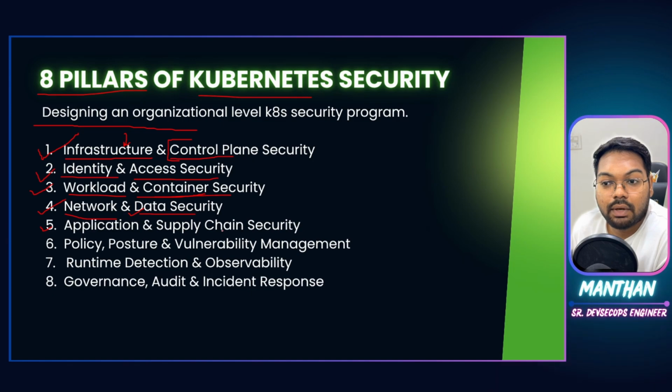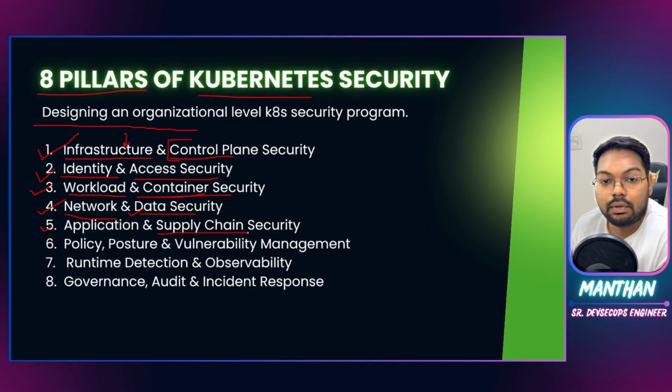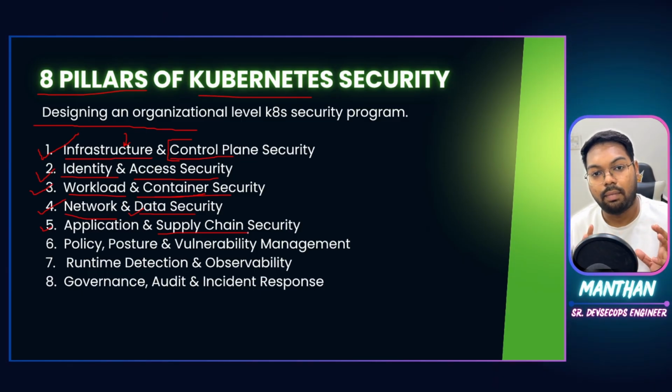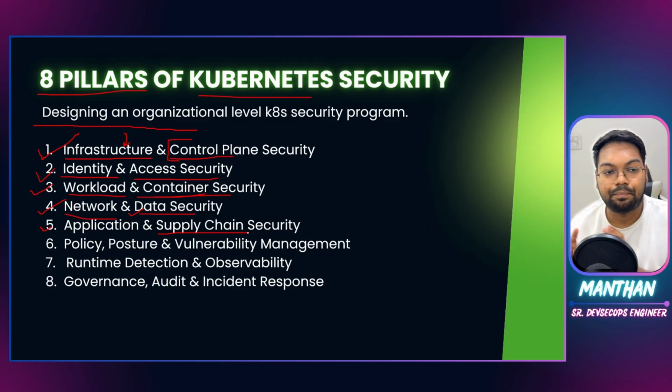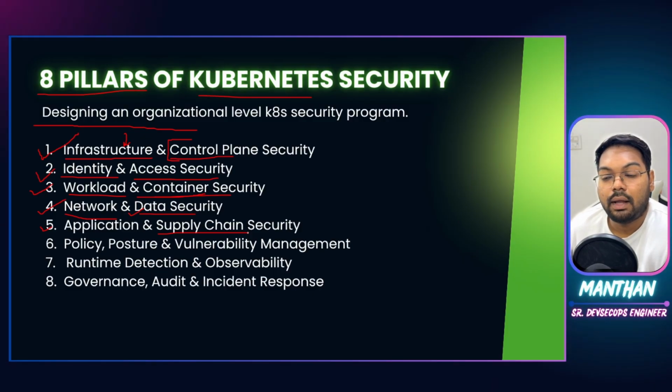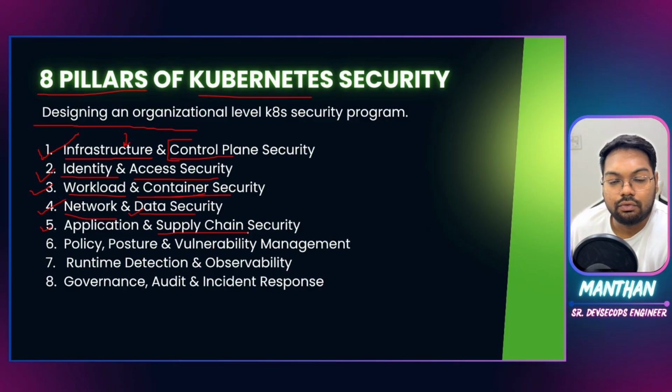Then application and supply chain security. There are a lot of different open source or third party tools we use in making a CI/CD pipeline, then building, deploying, and monitoring. A lot of different tools are involved. So how do you secure the supply chain along this entire pathway?